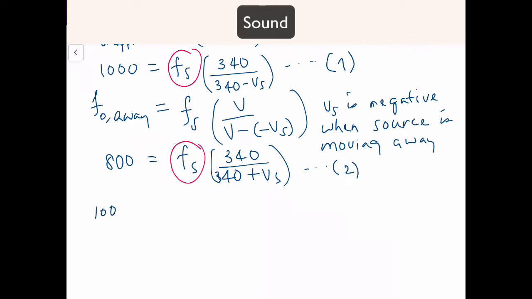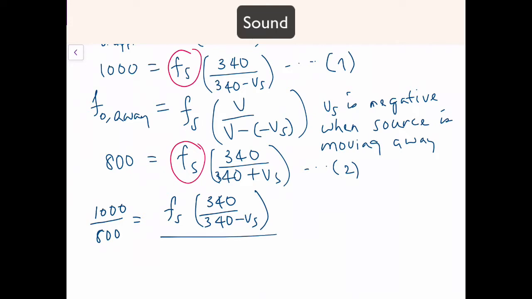I'll have the left hand side ratio like this, and the right hand side ratio like this. See? Just simply take the ratio of the two. Then fs cancels out with fs.